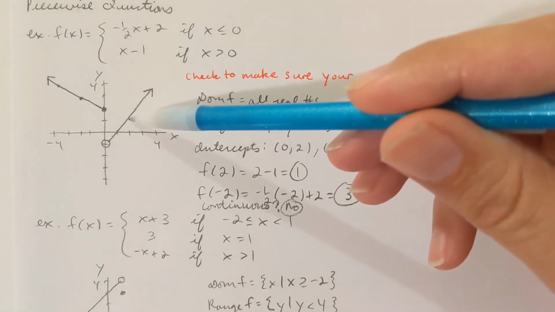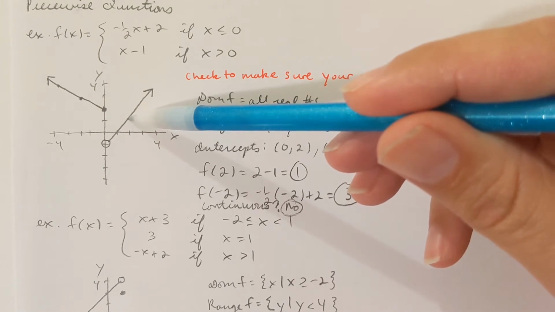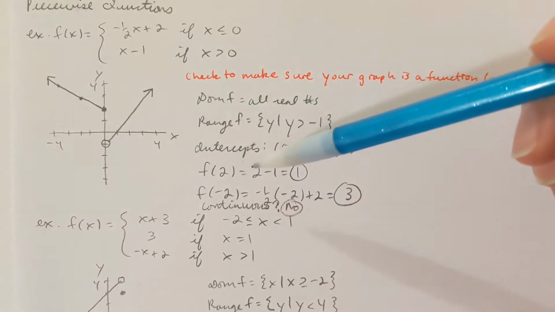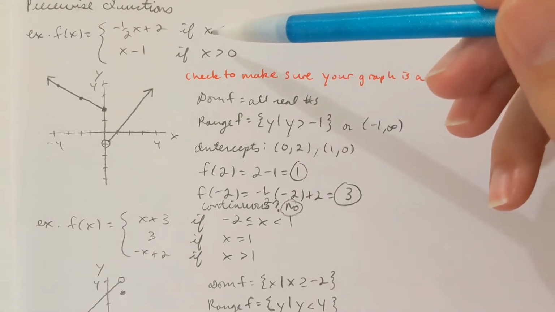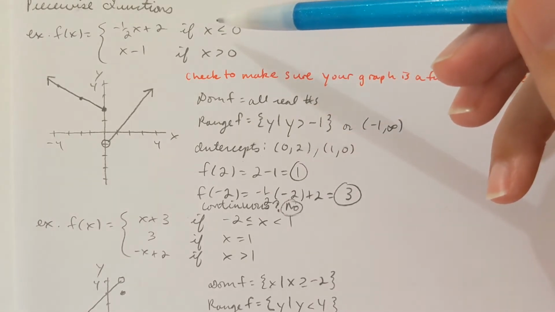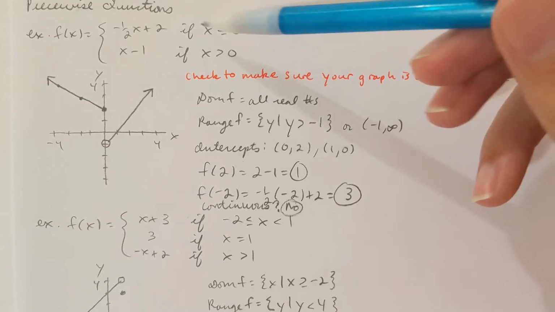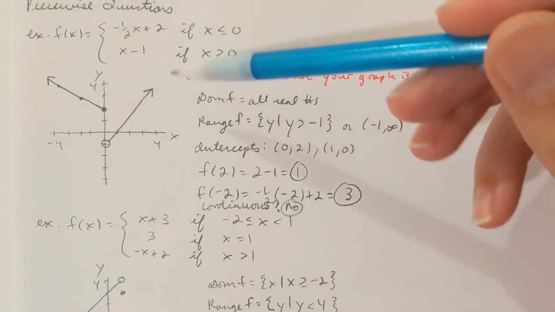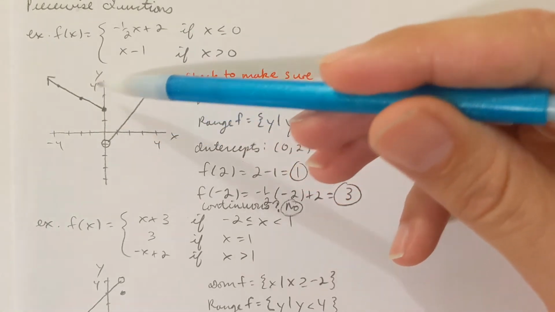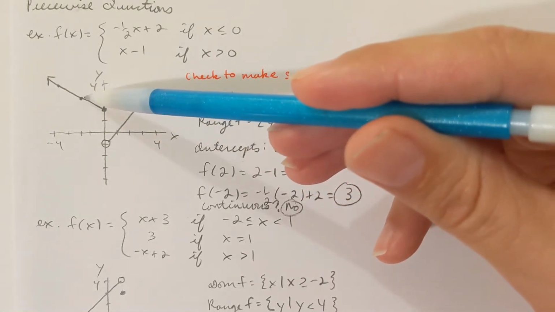So 2, 1, that's that point right there. F of negative 2, I'd use piece 1 since negative 2 is less than 0. Negative 1/2 times negative 2 is 1, plus 2 is 3. So negative 2, 3. That's that point right there.